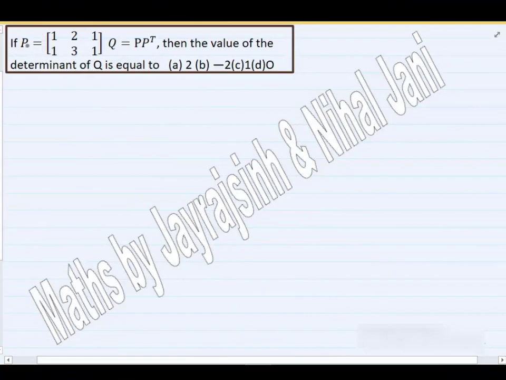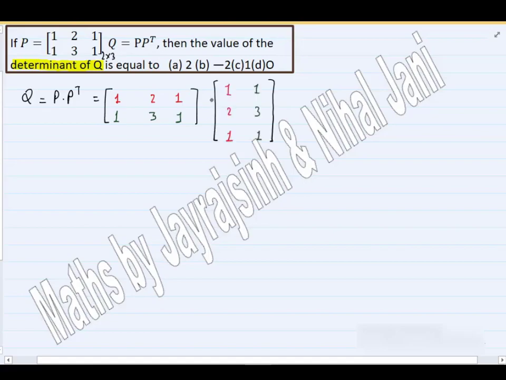In this question, we have matrix P of order 2 cross 3 and Q is defined as P into P transpose. Then we have to find the value of determinant of Q. No problem. First of all, let's find out the matrix Q, which is defined as P into P transpose, and we already have matrix P, so we can easily get its transpose, right?